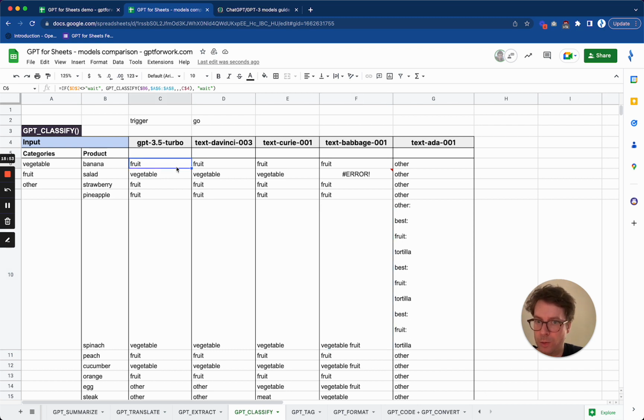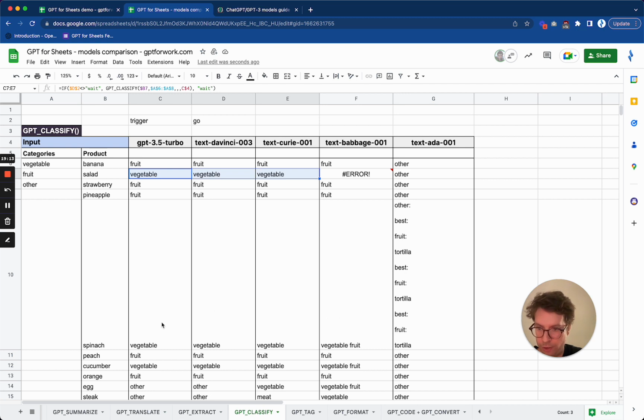Okay, so all the 4 models here got the banana correctly classified as a fruit. It seemed they also all got vegetable correct. Ada seems to be really bad at classification.